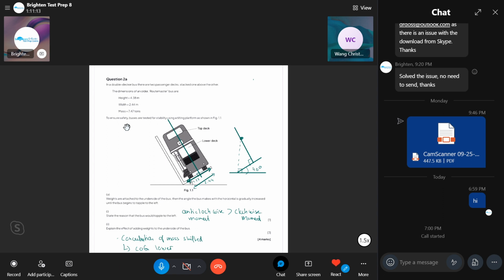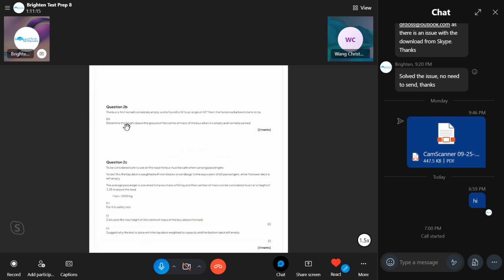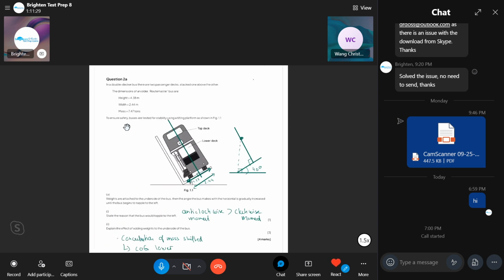When we said the height above the ground of the center of mass, right? So how can I calculate that? I think first we put the 40 degrees at the point of the center of gravity.